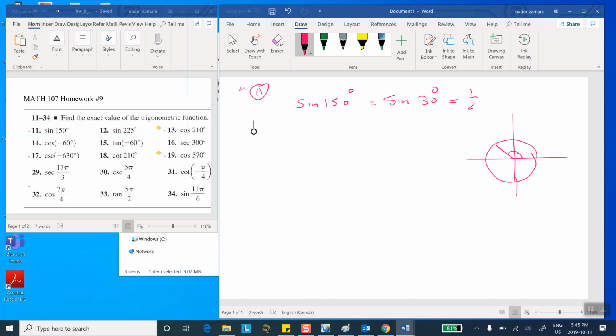Now remember, when the angle is 150, the corresponding reference angle is the positive angle less than 90 degrees. Okay, 180 minus 150, so that's going to be 30. This 30 degrees is the reference angle for 150 degrees.